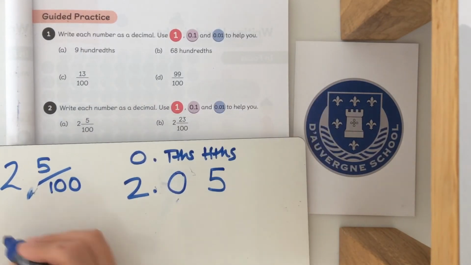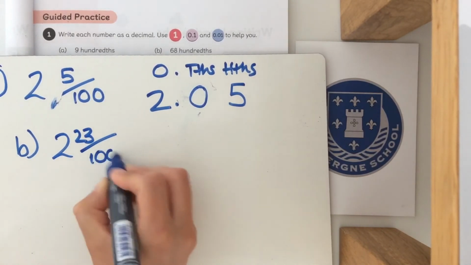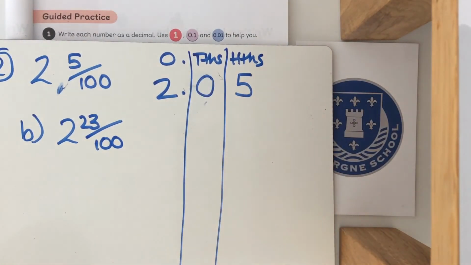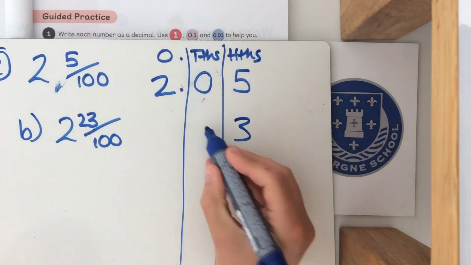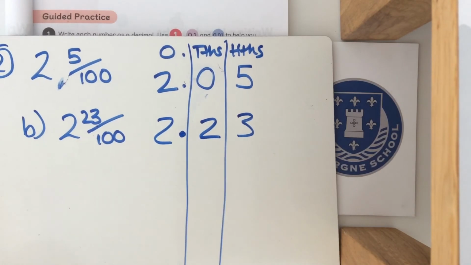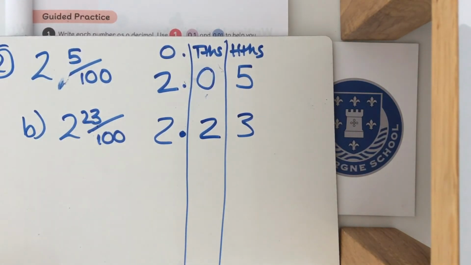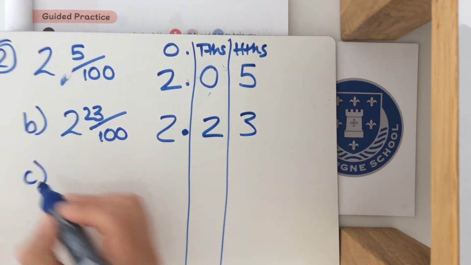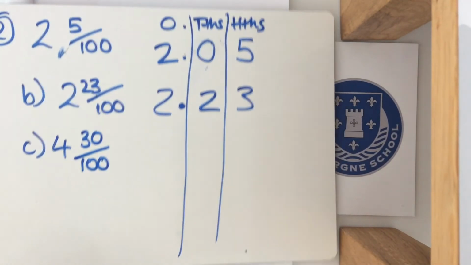B, we've got 2 and 23 hundredths. Okay, so I'm going to carry this down, this will be easier. We've got 3 hundredths, 2 tenths, our decimal point, and 2 ones. 2.23. Okay, so if we work backwards looking at those top numbers, that could be quite helpful. For C, we've got 4 and 30 hundredths.